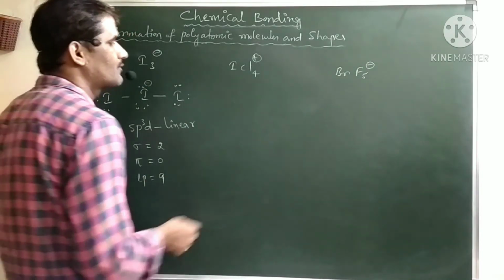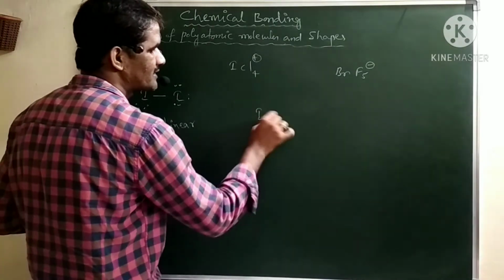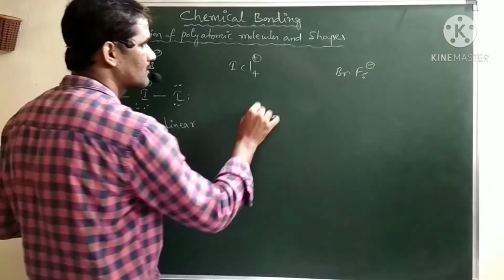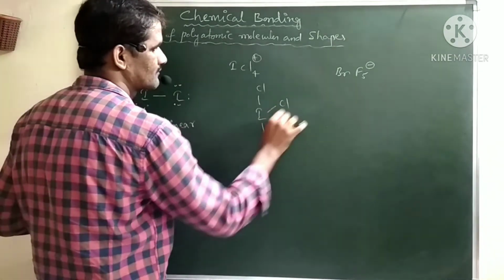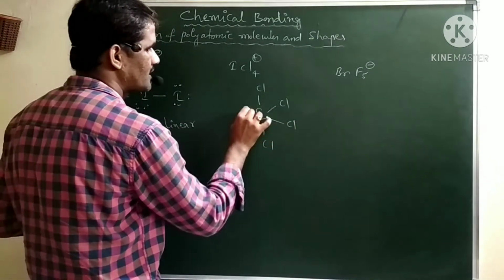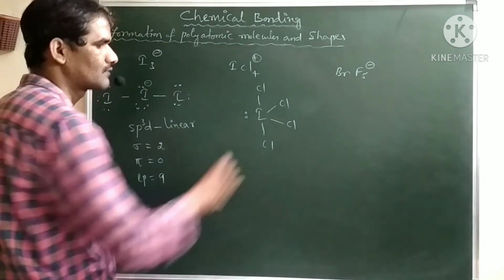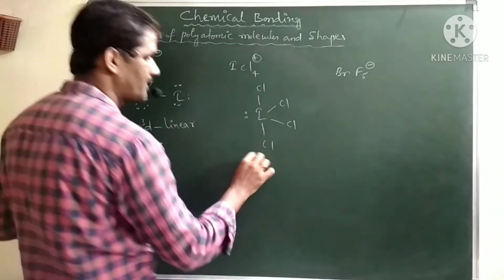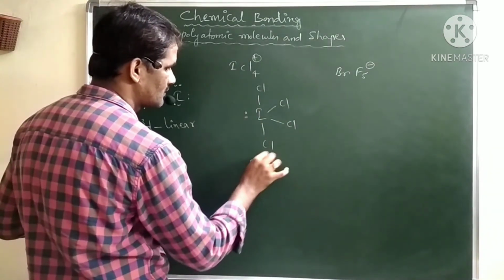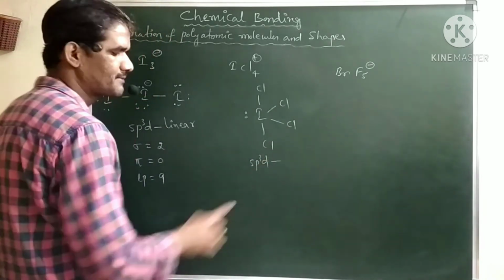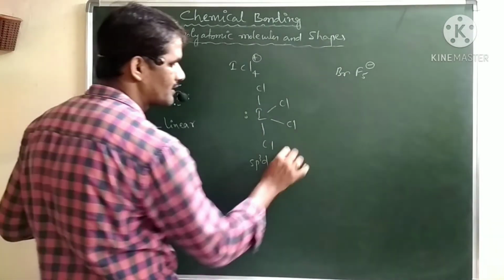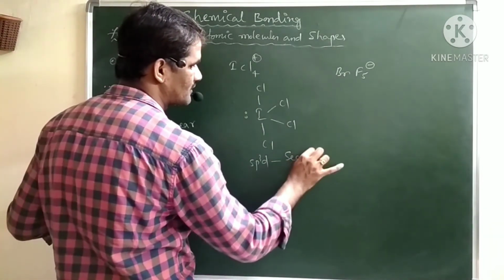Next, IClO4 plus. Here iodine is the central atom, and the oxygens arrange like this, and it has 1 lone pair. Now 4 bonds, 1 lone pair, again sp3d hybridization, and sp3d hybridization with 1 lone pair gives a seesaw geometry.